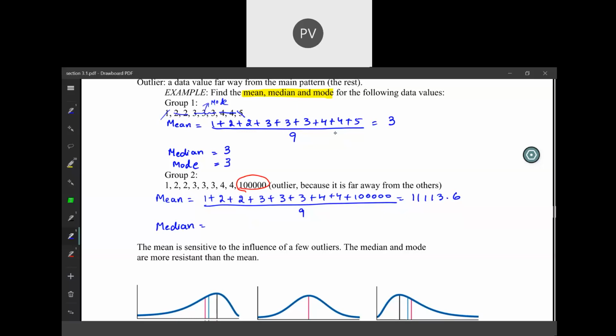Remember, median is nothing but the middle number. Even in the presence of the outlier, which is the middle number in the data set? It is 3. Mode. Even though there is an extreme value, which number is repeated the most number of times? 3. It is repeated 3 times. So the mode is 3.